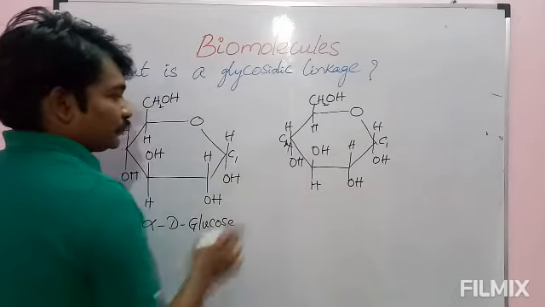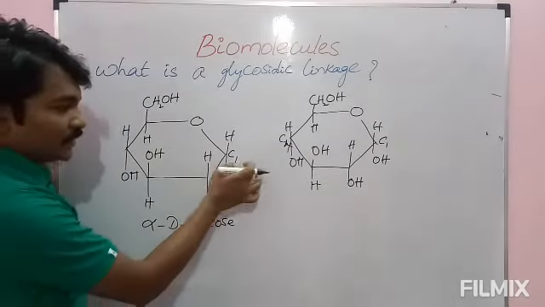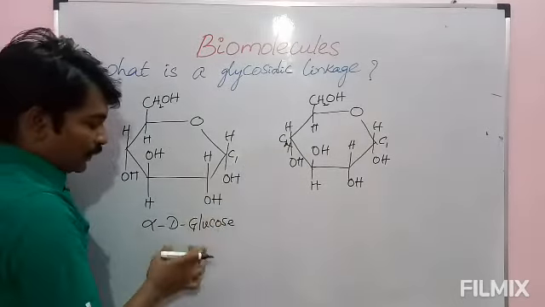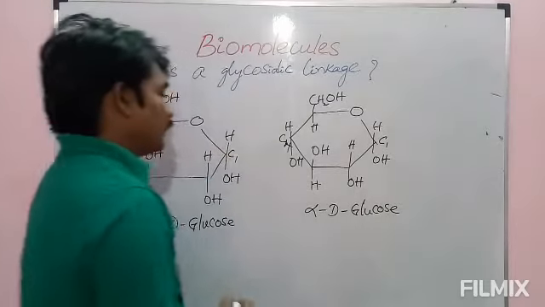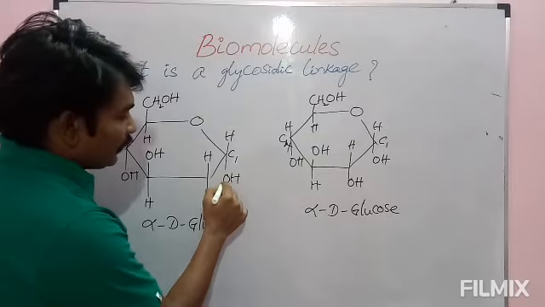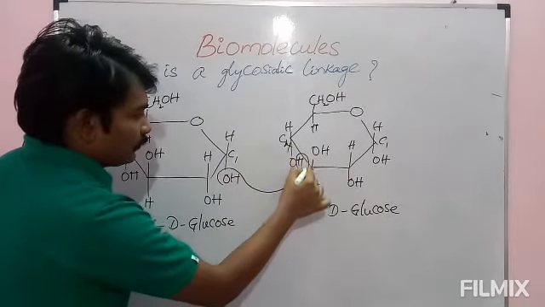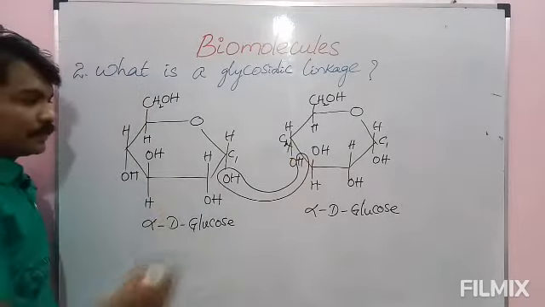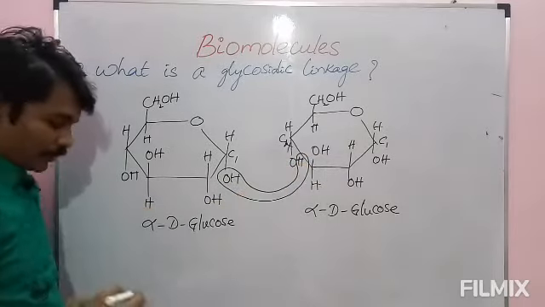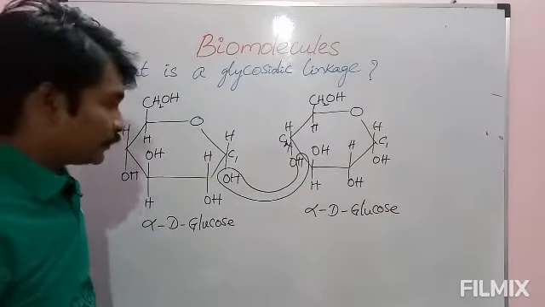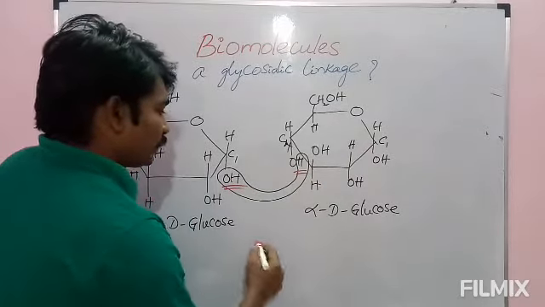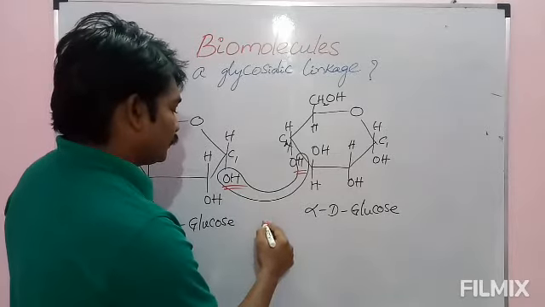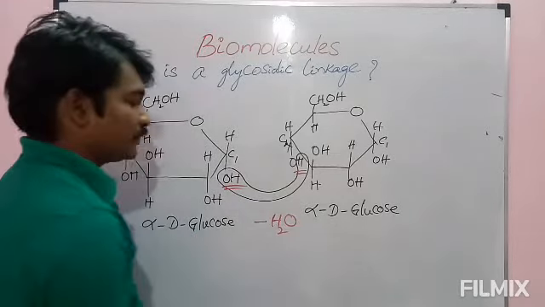The bond is formed between the first carbon of one alpha D-glucose and the fourth carbon of another alpha D-glucose. OH of C1 and hydrogen of C4 are eliminated in the form of a water molecule. Water molecule is removed, so I am writing minus H2O.